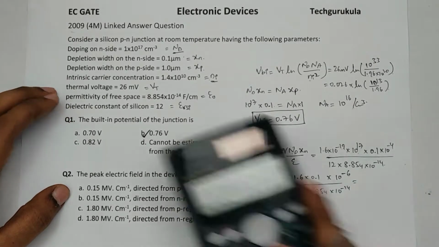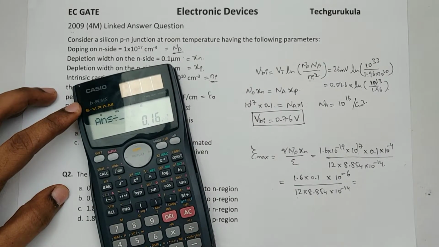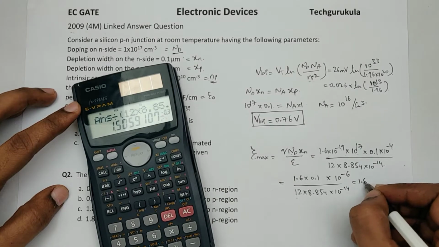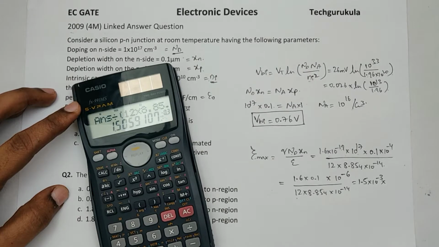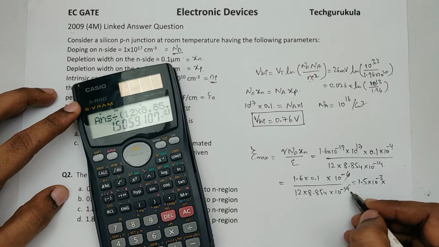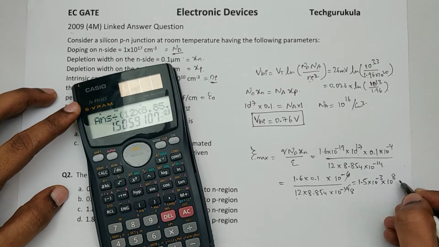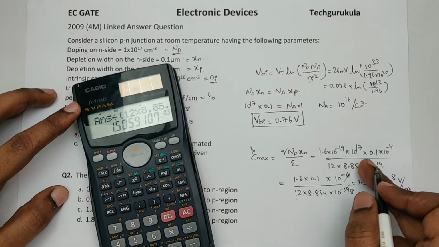We can write this as 1.6 times 0.1 divided by 12 times 8.854, which is equal to 1.5 times 10 power minus 3 times, if we cancel this we get 10 power 8, volt per centimeter, because everything was in centimeters units.